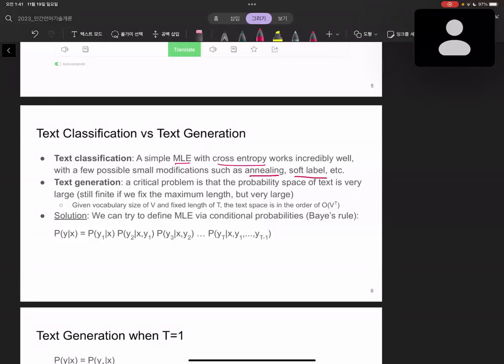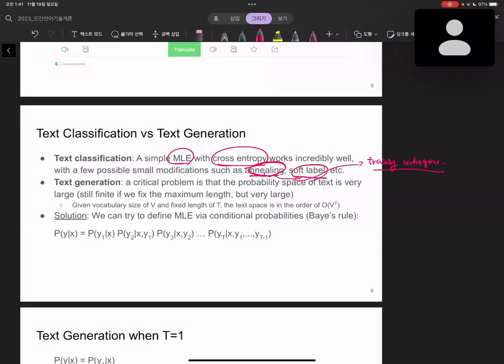So these are the training techniques. This is less important here, because the maximum likelihood estimation with cross entropy is the important part of text classification.